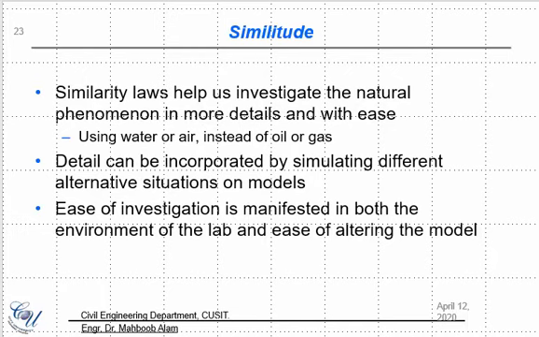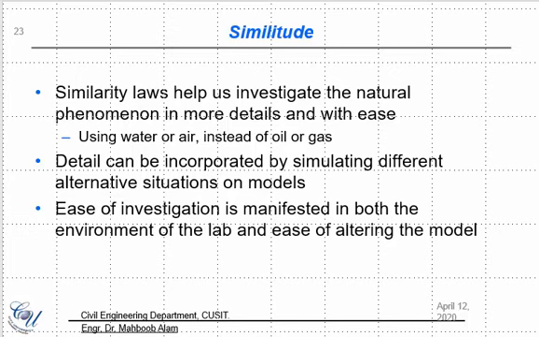So basically what we are going to look into are different kinds of similarity laws, how the models are developed, what kind of similarities we have to look into so that the model can be efficiently developed, and then all the required studies can be easily done on that, so that once a prototype is made, that prototype is a finished product.